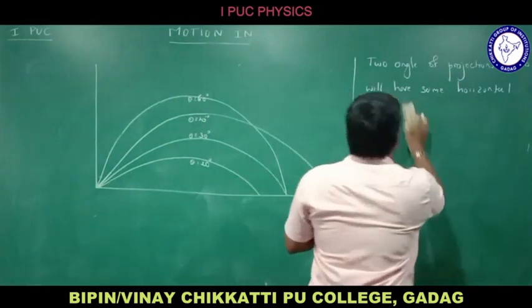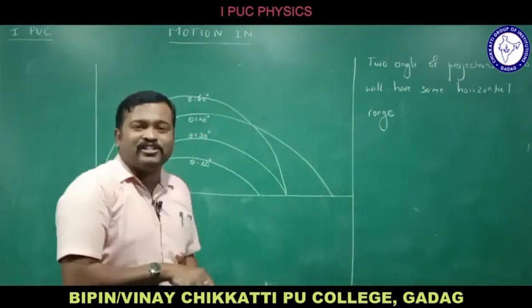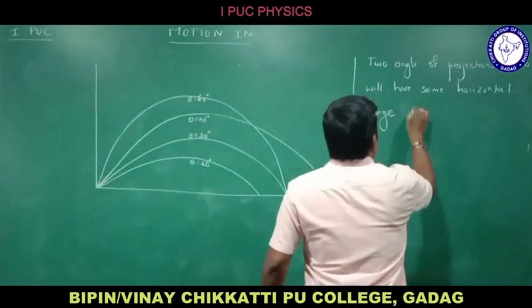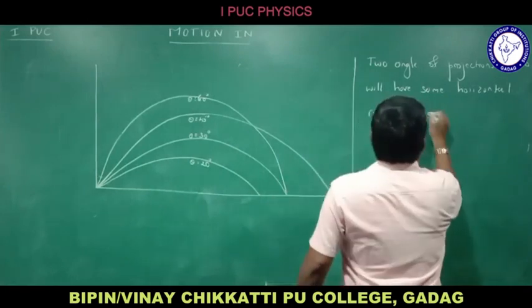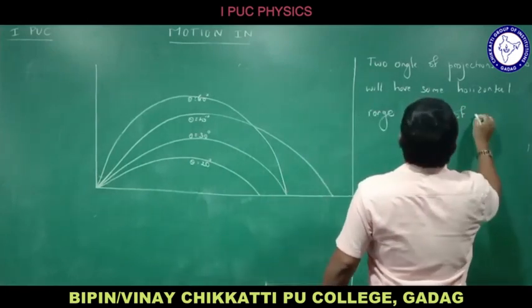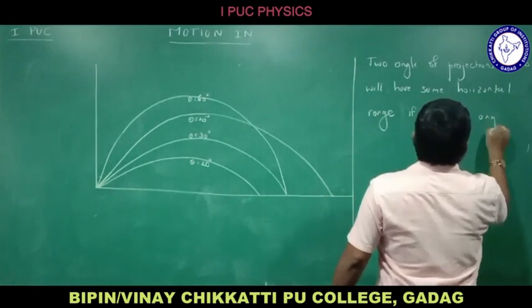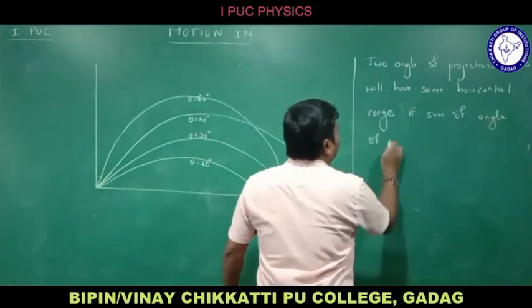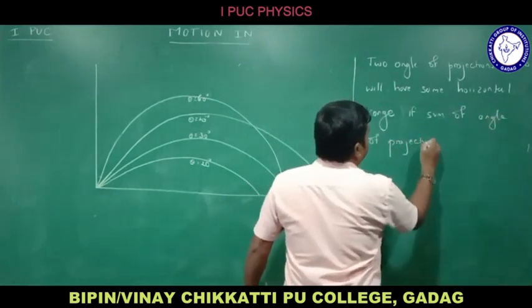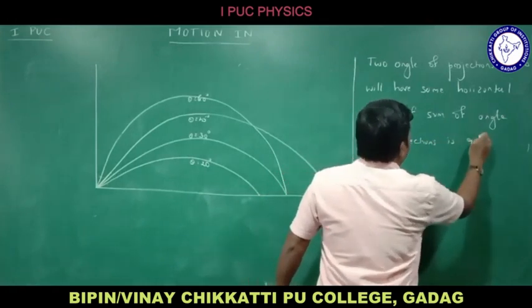Okay. Two angles of projection will have the same horizontal range if the sum of the angles of projection is, what we say here, 90 degree.